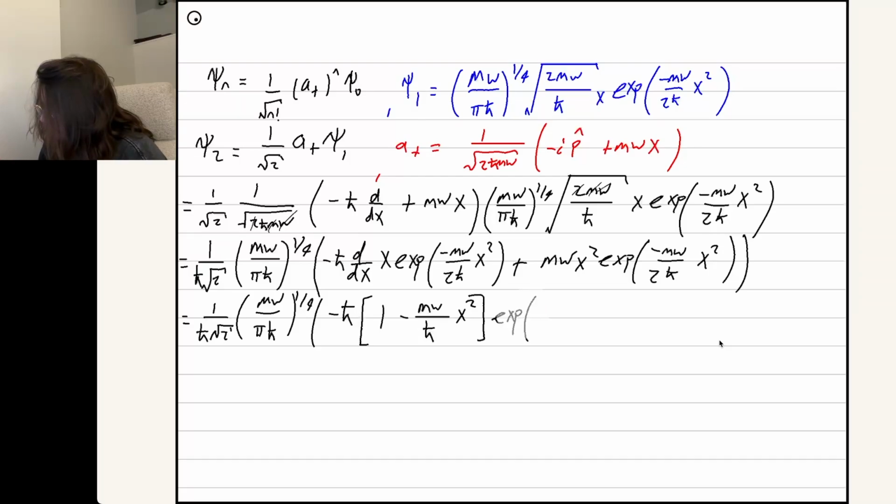And I'm actually going to save that to the end because we also have m omega x squared there, all times the exponent.